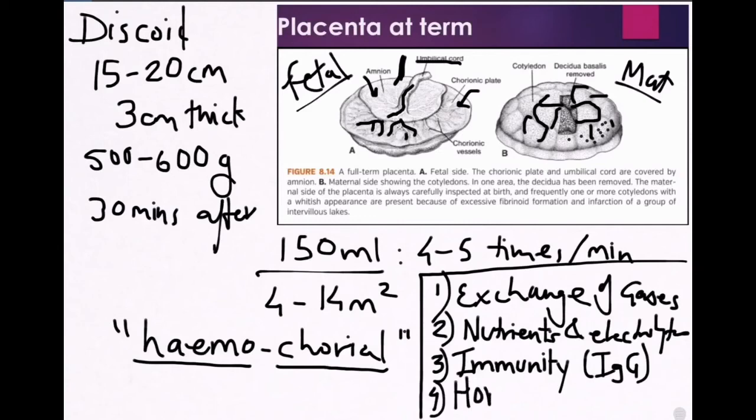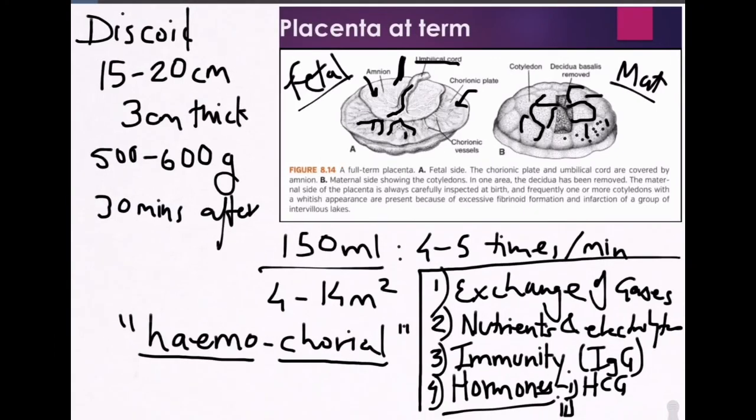Lastly, hormones. Now the placenta is responsible for secreting many hormones. Some of them include HCG, or the human chorionic gonadotropin. It is this hormone that is initially secreted by the syncytiotrophoblast and then continues to be secreted by the placenta. Point number two is progesterone. Initially progesterone is made by the corpus luteum, and later this function is taken over by the placenta.